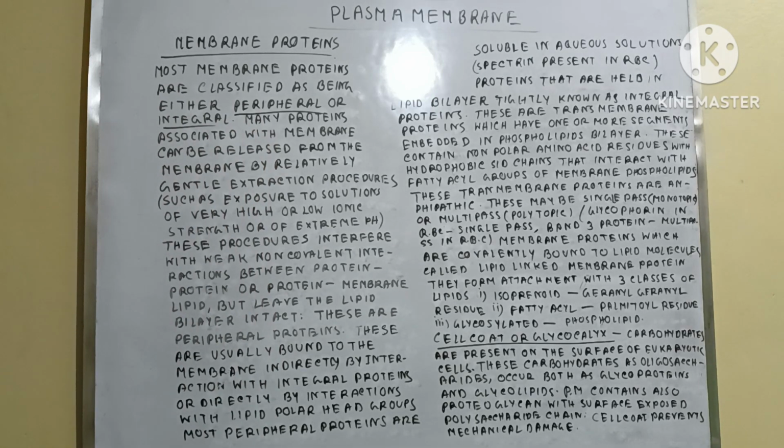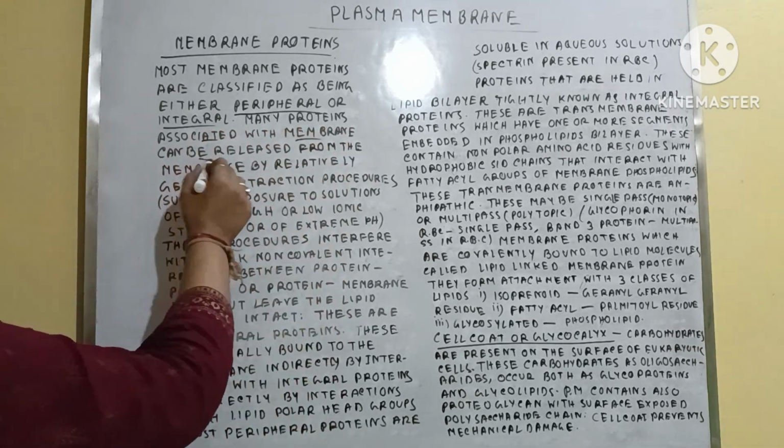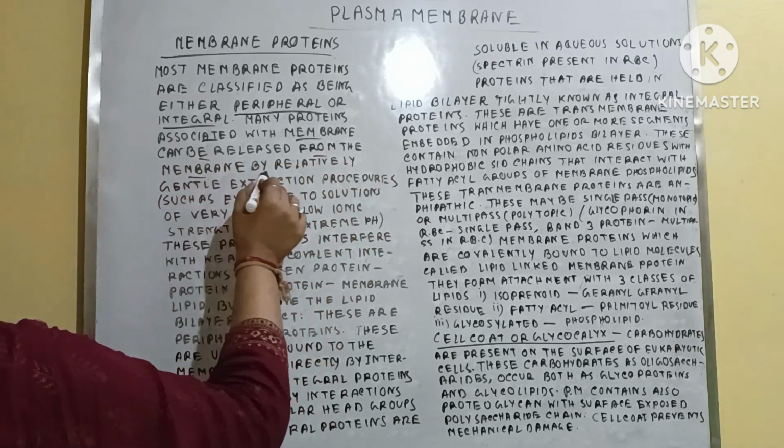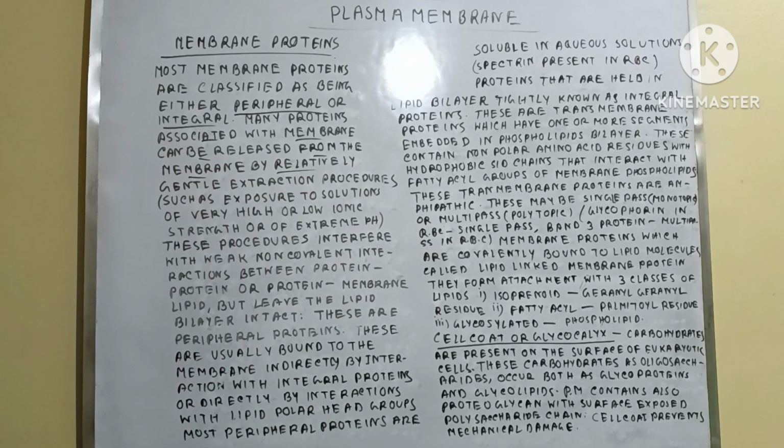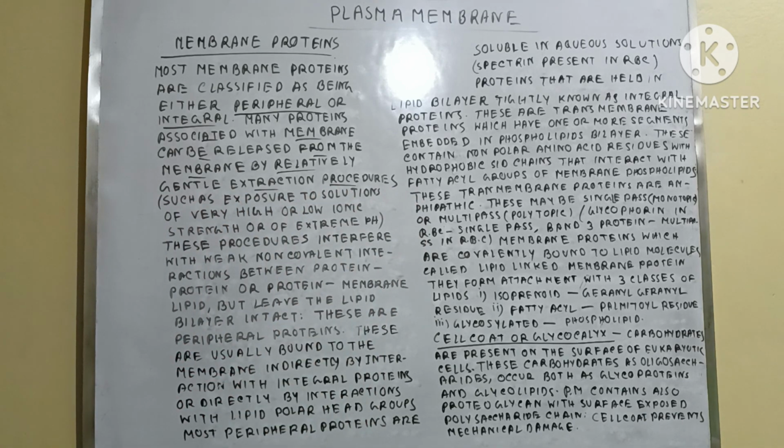First of all, we have to know what the peripheral proteins are. These are proteins associated with the membrane that can be released from the membrane by relatively gentle extraction procedures.